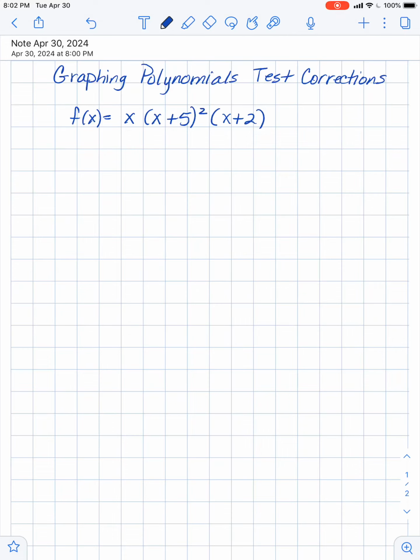First off, we are going to talk about what the degree of the polynomial is, because that's the first question. It says state the degree. By definition, the degree is the highest power or highest exponent of your polynomial.